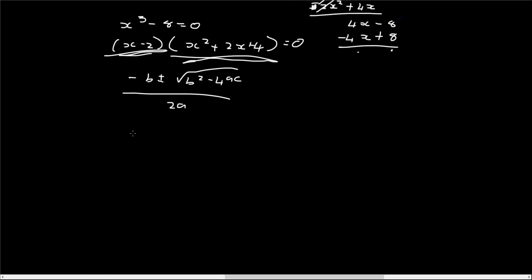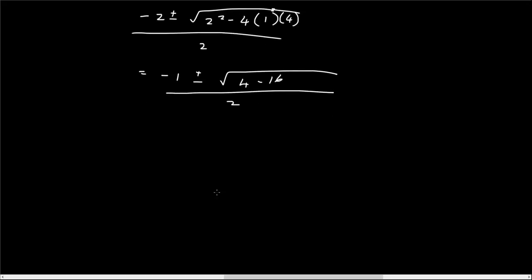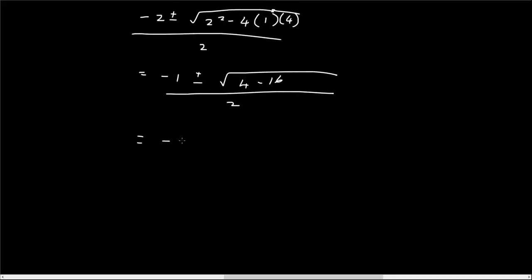Let's substitute in. We're doing it for this piece of the equation, remember. So it is minus 2 plus or minus the square root of 2 squared minus 4 times a, which is 1, times c, which is 4, over 2. That is equal to minus 1 plus or minus the square root of 4 minus 16, all over 2, which is equal to minus 1 plus or minus the square root of negative 9, over 2.